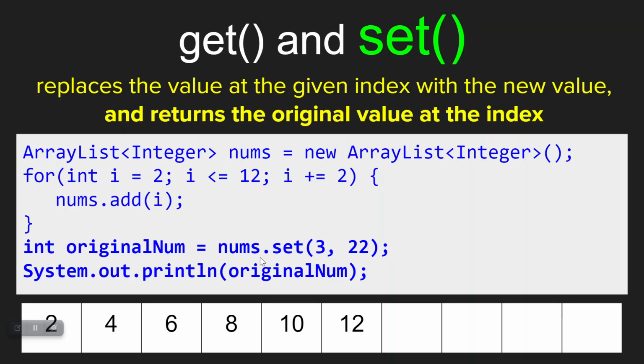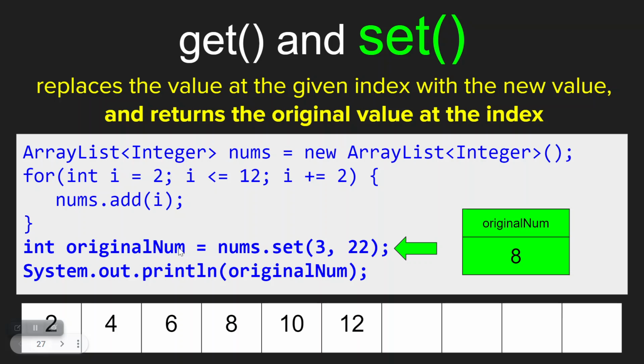So you could do something like this. You could create an integer variable, call it originalNum, and set it equal to nums.set(3, 22). We're creating a variable called originalNum, and we're going to store the value that gets returned by this method.